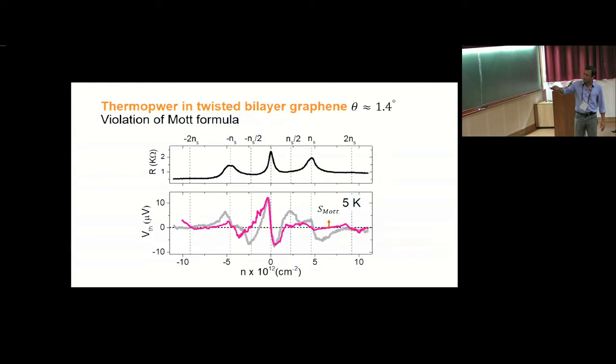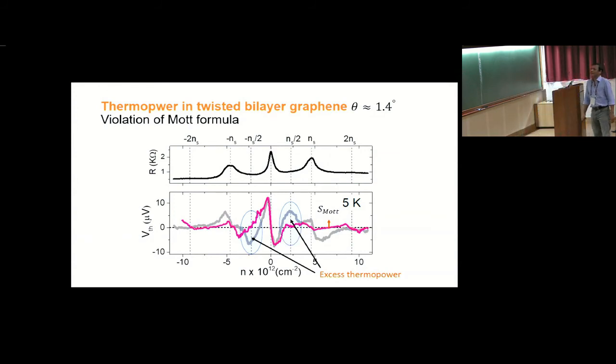This is the expectation from Mott formula. You can see this part must necessarily be 0, but we are getting a significantly large deviation from these points. Okay, so these are the excess thermopower that we are quite excited by.